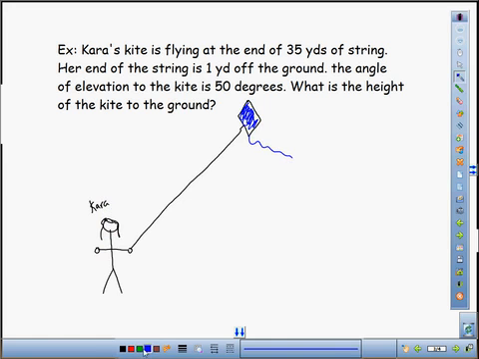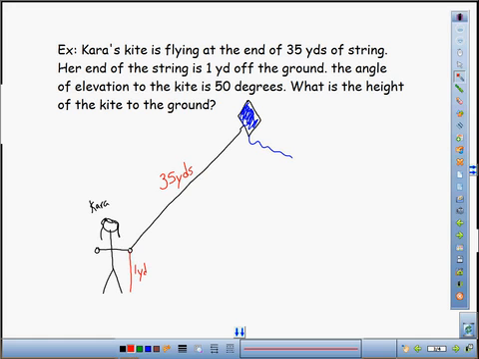And so here's some pieces of information that they give us. They tell us that her string that goes up to her kite is 35 yards. So that we know. Alright, so we know that that is 35 yards. We also know that the end she's holding from here to here is 1 yard. So it's 1 yard off of the ground.